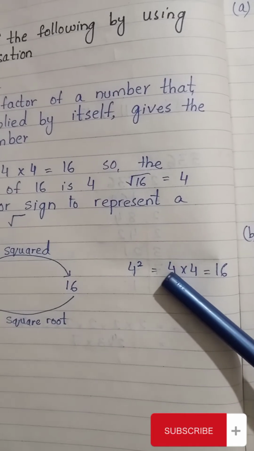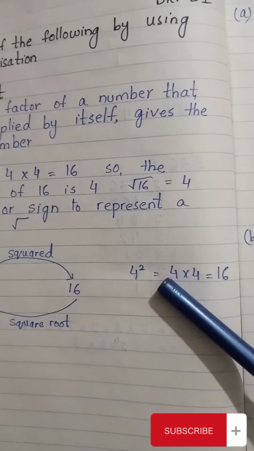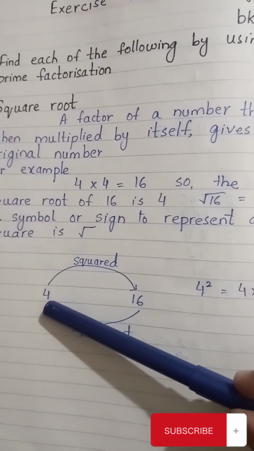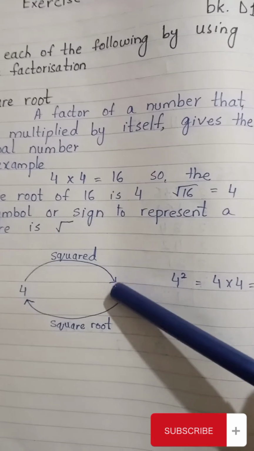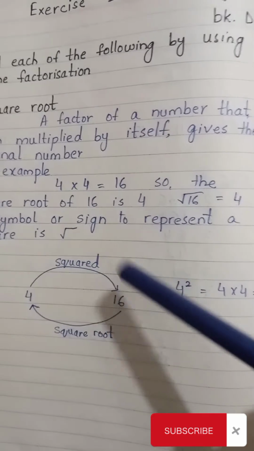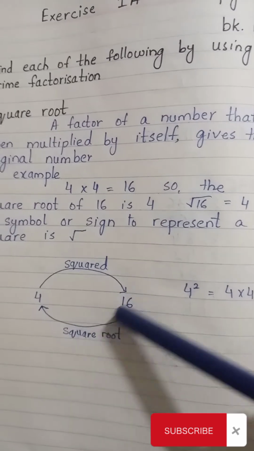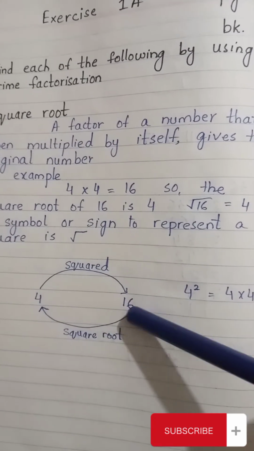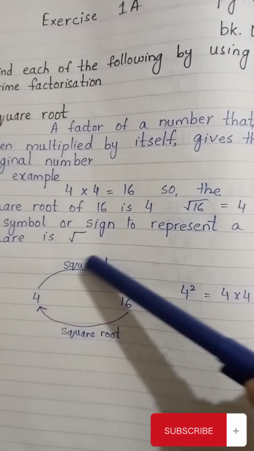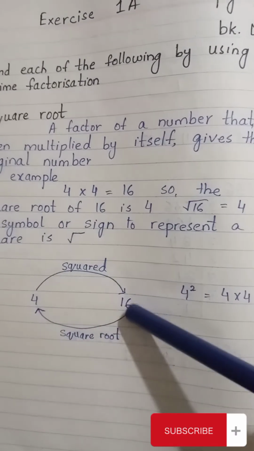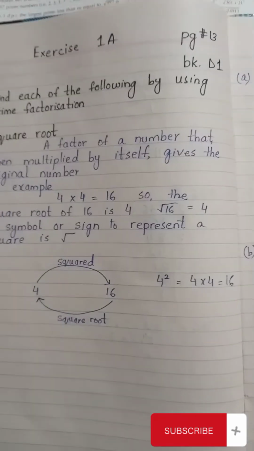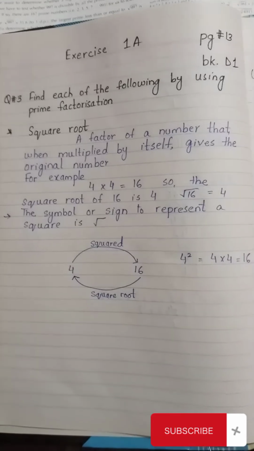It means 4 multiplied by 4. 4 fours are 16, so the square of 4 is 16. And when we move back from the same number, we find the square root. The square of 4 is 16, and the square root of 16 is 4. I hope you understand very well.